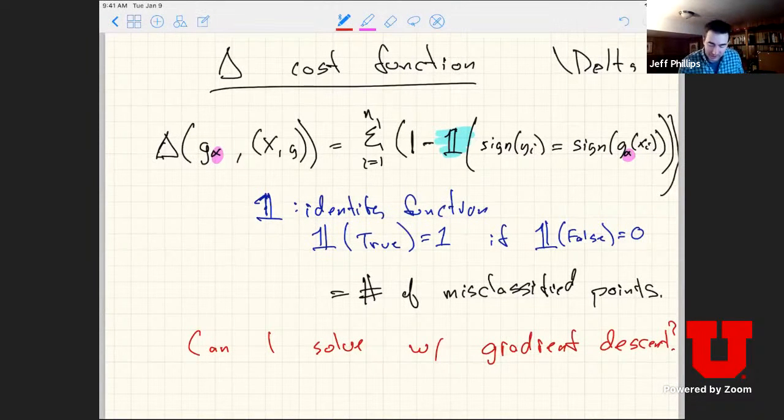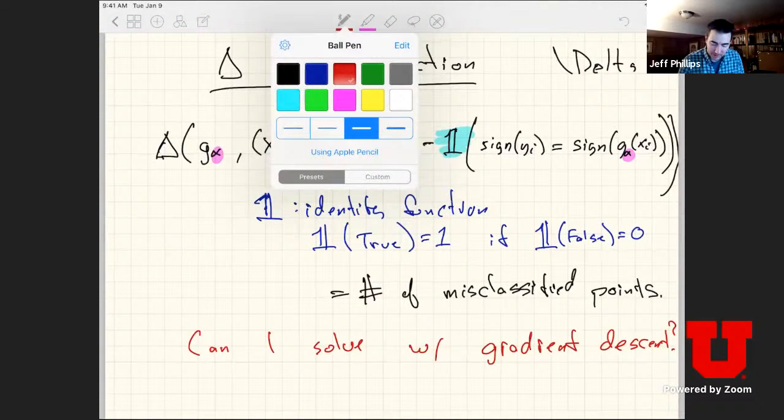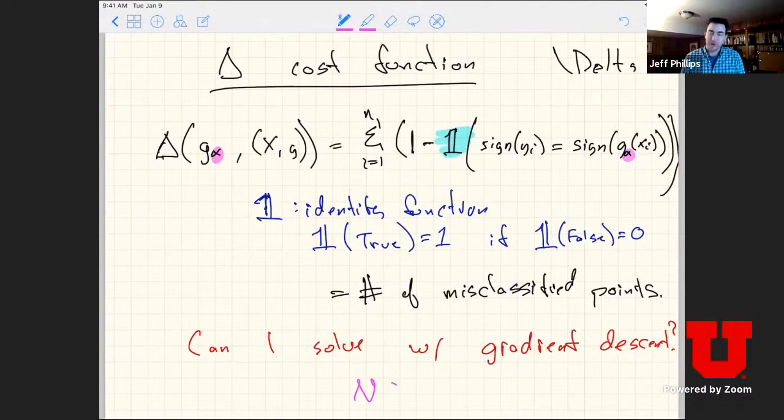So the answer is no, we can't do gradient descent. There are 2 reasons why we can't. The first reason, which turns out is not the major reason but we'll pretend it is, is that it's not convex.